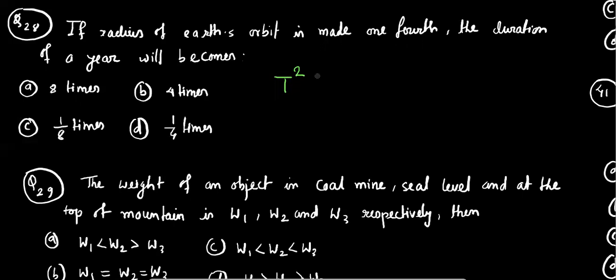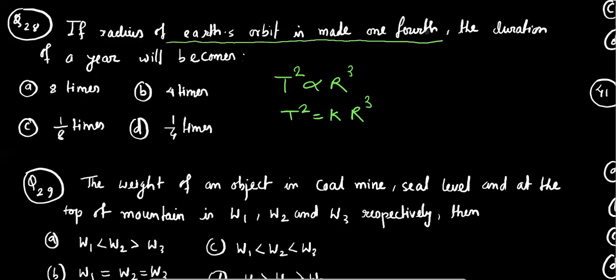This formulation is known as the T2 law: the square of the time period is proportional to the cube of the radius. So we can say that T squared equals k times r cubed, where k is a constant. Now the question says the radius of Earth's orbit is made 1/4.